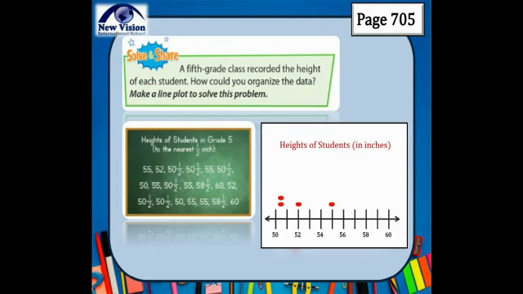Another 50 and a half. 55. 50 and a half again. 50. 55. 50 and a half. 55, 58 and a half, 60, 52, 50 and a half, 50 and a half, 50, 55, 55, 58 and a half, and 60.